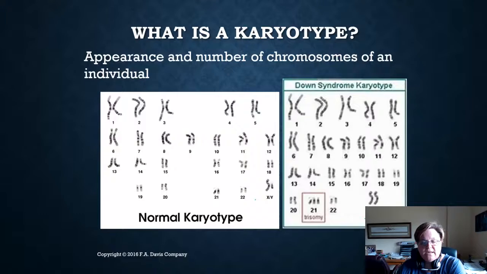Not a big deal, right? In someone with Down syndrome or an altered karyotype, we're going to find that we either have 1 extra or 1 missing allele on one of the chromosomes. So in Down syndrome, they have an extra chromosome at chromosome 21.